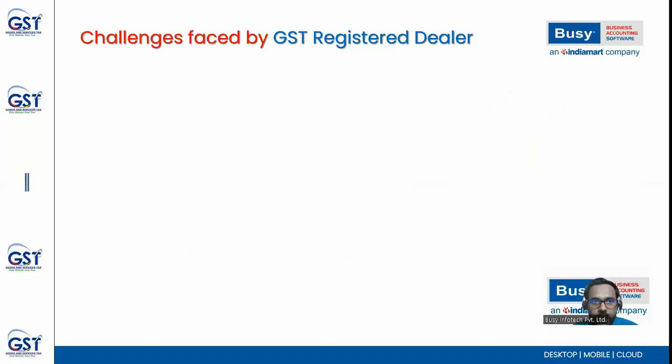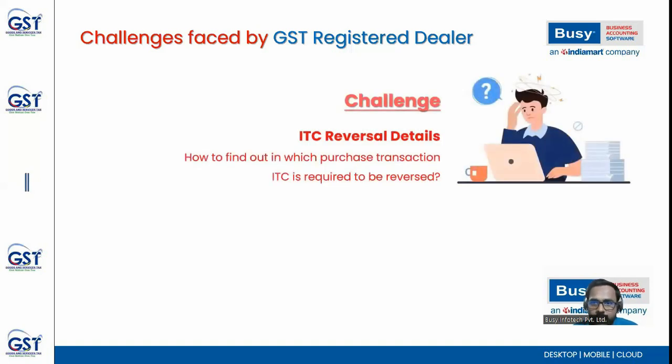So now let me explain something about the different challenges Pavanji was facing. Pavanji is facing a problem with ITC reversal details. He is asking how to find out in which purchase transaction ITC is required to be reversed.